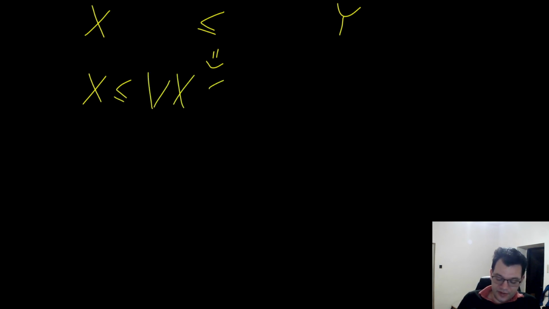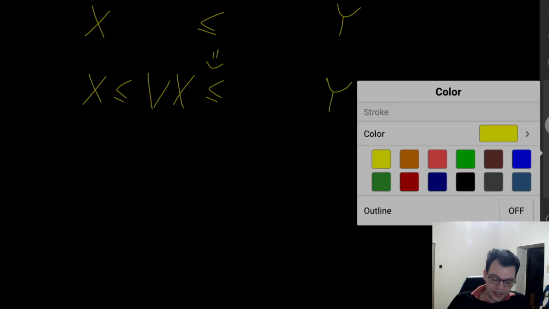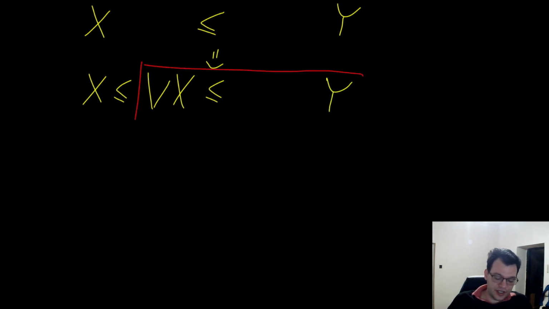Now for this particular chain, okay, so I have X is smaller than Y. Then if I apply the first statement for these two, then X will be smaller than or equal to the supremum of X, and it will be still smaller than Y. Now I will apply the second statement to these two sets. Okay, this is just one element, but it's the same as having a one element set.